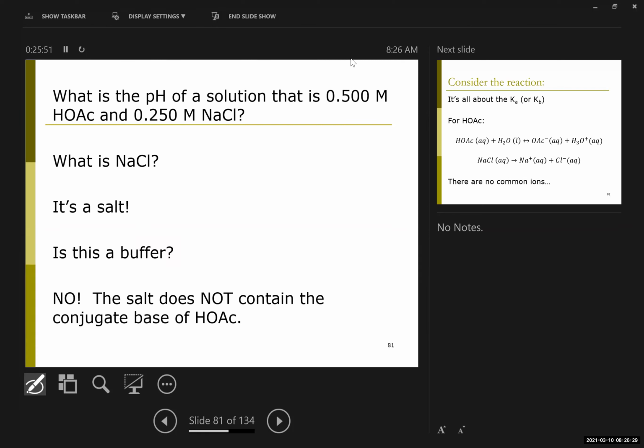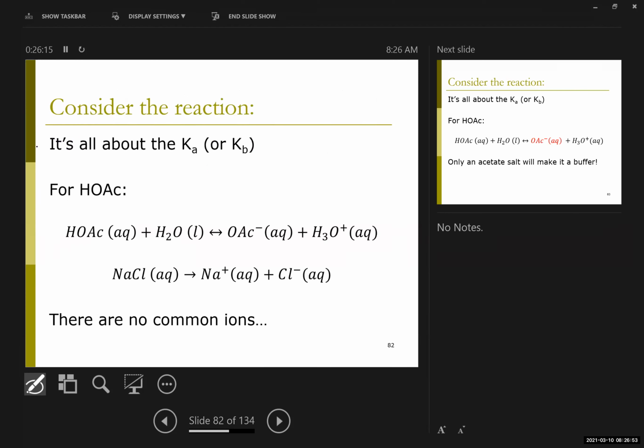But if I dissociate my sodium chloride, I get, unsurprisingly, sodium and chloride. Neither one of these has anything to do with acetic acid. This is literally just salty vinegar. Acetic acid in water is vinegar. If I throw a little salt in, I quite literally have salt and vinegar. It has to be the conjugate.